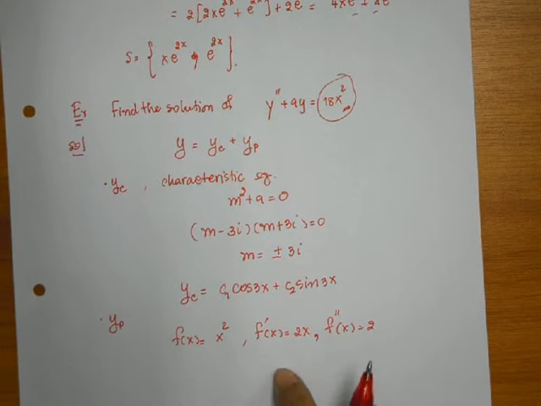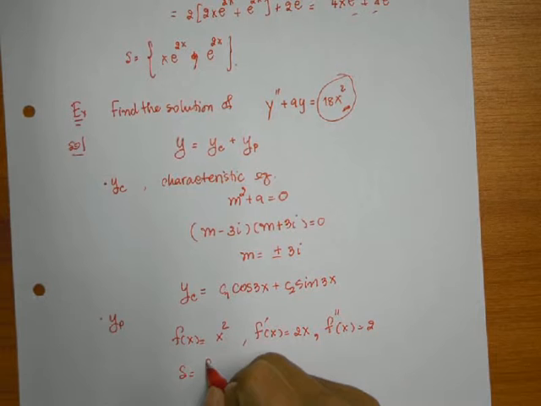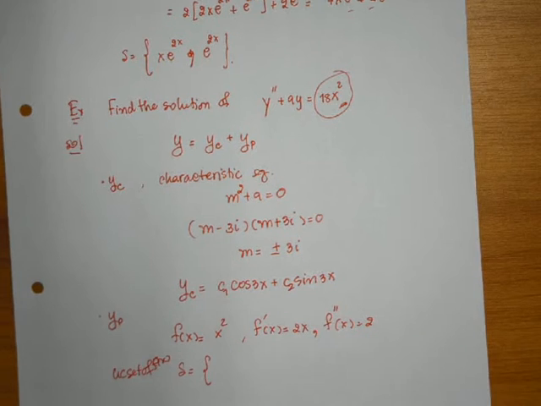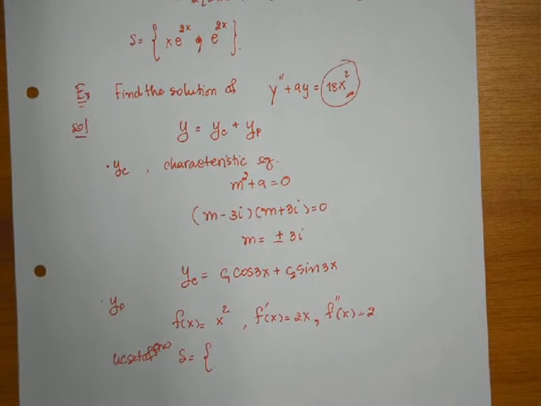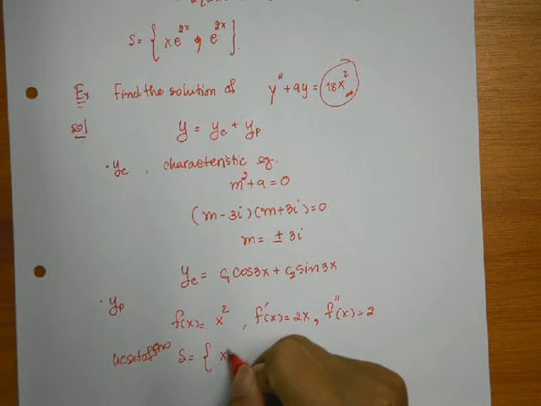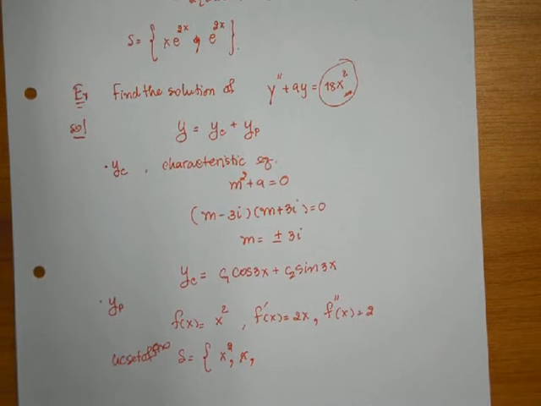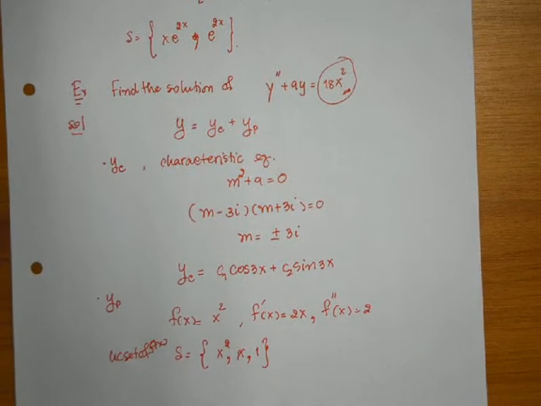From now we can write down the UC set of f(x), which is equal to x squared, x, and 1. The next ones, we have none, okay?